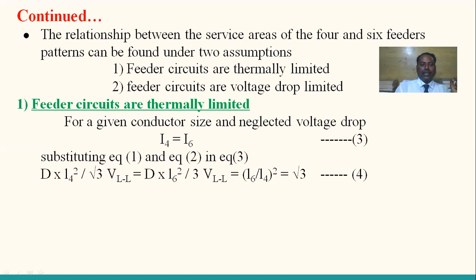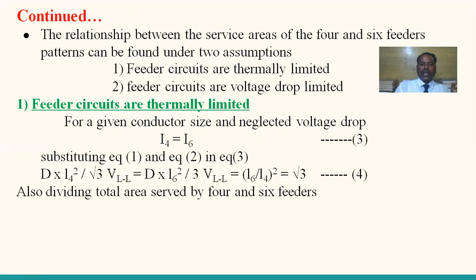Similarly, also dividing the total areas served by the 4 and 6 feeder patterns, TA6 by TA4 is equal to 6 by root 3 into L6 square divided by 4 into L4 square. You can simplify this to root 3 by 2 into L6 by L4 whole square.